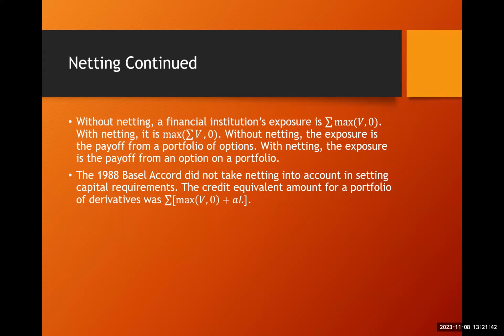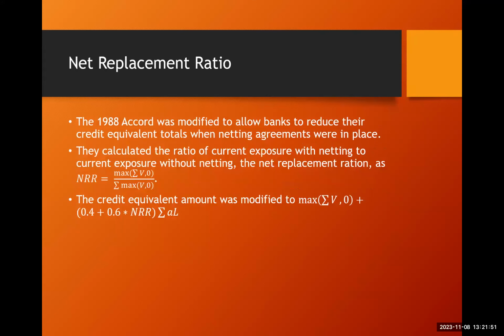So it's all or nothing here. This leads us to the development of the net replacement ratio, which is the ratio between exposure with netting divided by the exposure without netting. This is always going to be between 0 and 100%.